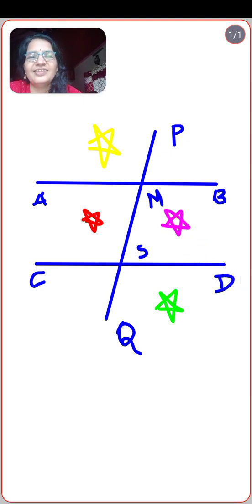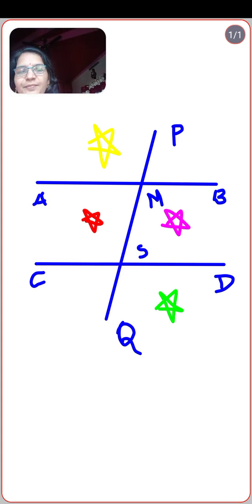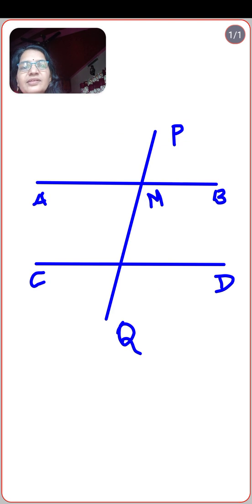It is in the interior part. So we can say the red star and the pink star are in the interior part of the parallel lines, and the green and yellow stars are in the exterior part. Okay, I think now you are clear with the words interior and exterior.